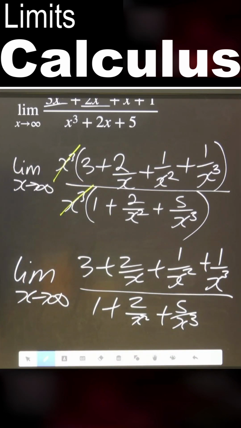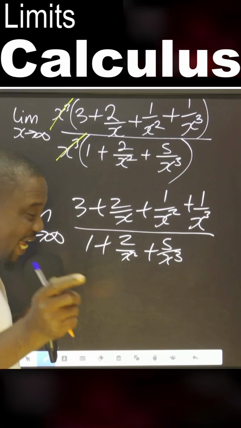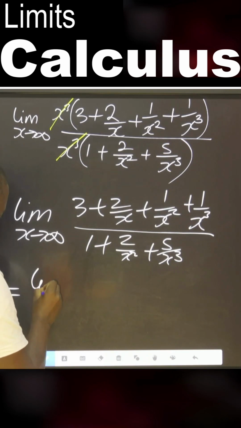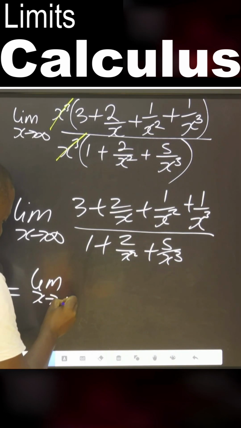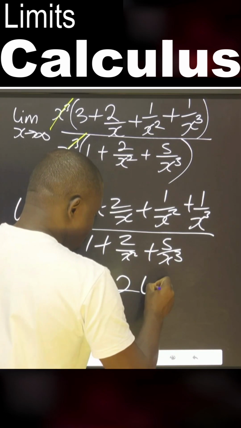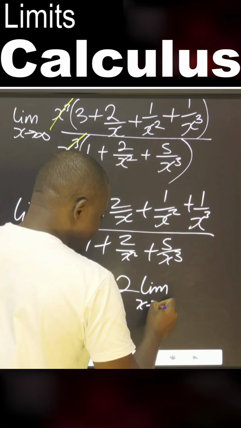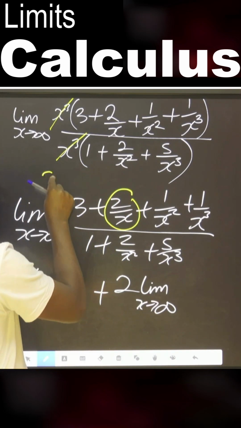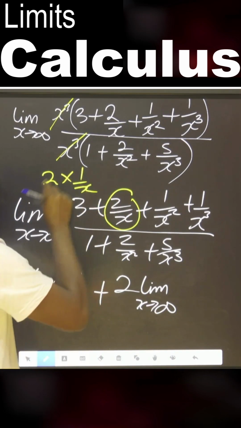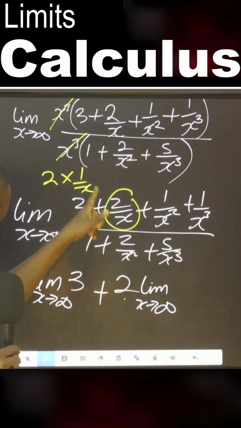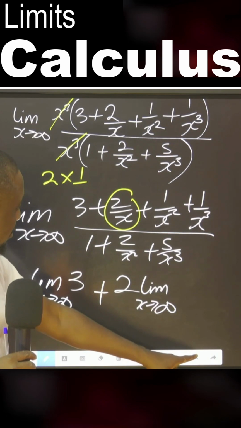Okay? Now that I've done this like this, the next thing now is to apply this on each of them. That is to say, equal to this tending towards infinity for 3, 2, limit this. Remember, this now is equal to 2 multiplied by 1 over x. Okay? I brought out the 2. I will apply this on the 1 over x.